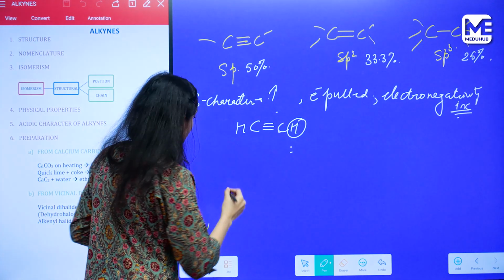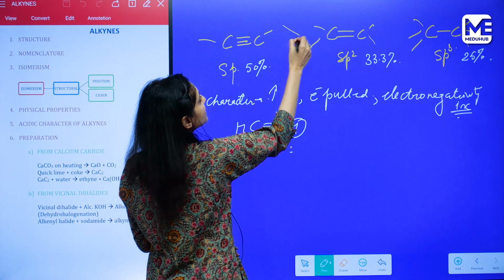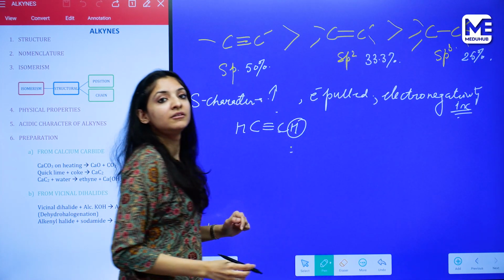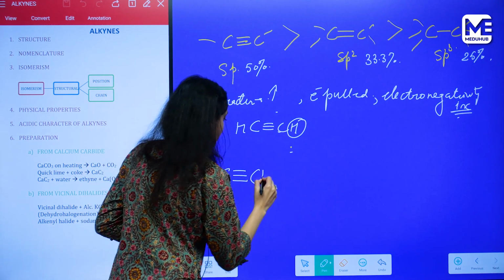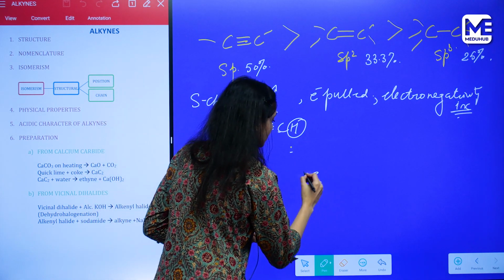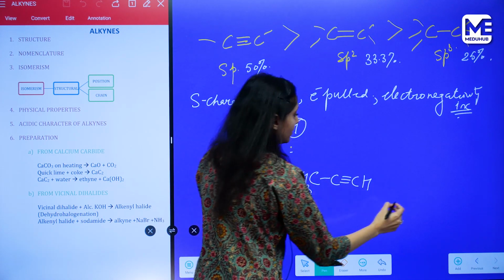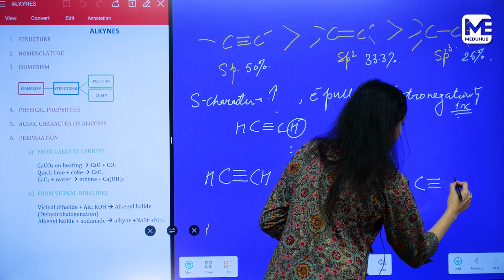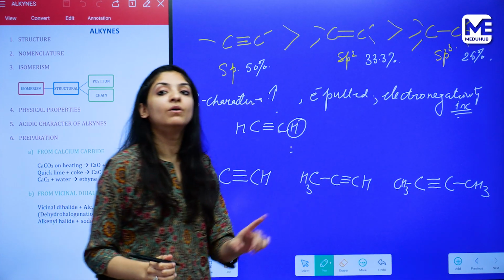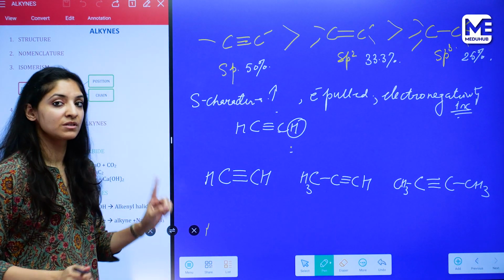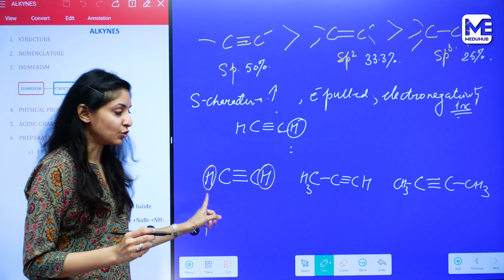Now, if we talk about acidic nature, take ethyne, propyne and butyne. What will be the order for acidity in these three compounds? Here we have two hydrogens which can be released as protons.